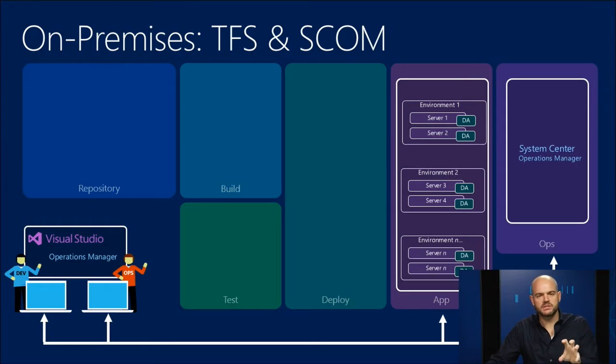Now, to get to this step, there are only two key pieces that are really important. One is that when the integration is done, Operations Manager needs to have contribute access in Team Foundation Server. I'm going to take this alert and create a work item that can then be assigned and distributed as the development team sees fit. It doesn't have to be assigned and worked as the operations team sees fit. So again, we're giving the flexibility back to the development team to assign according to their teams and their structures in their environment.